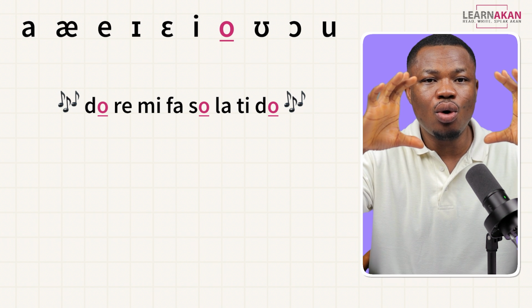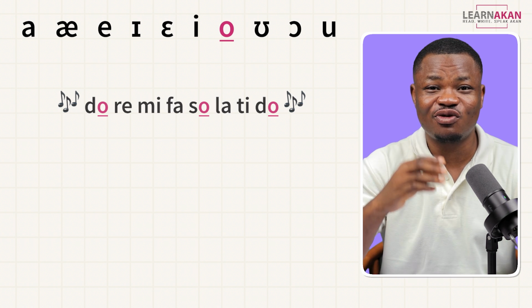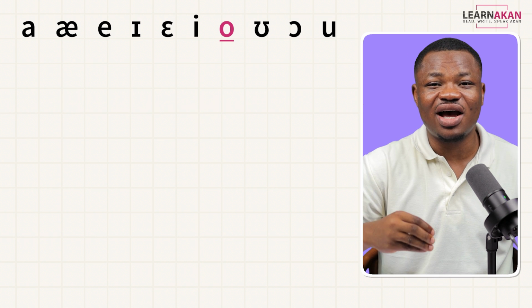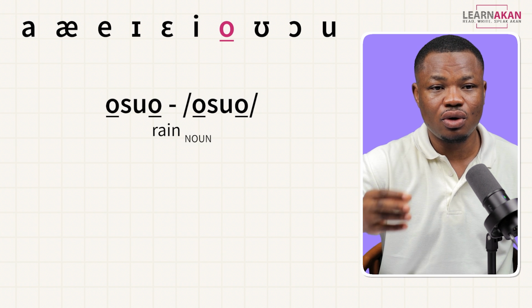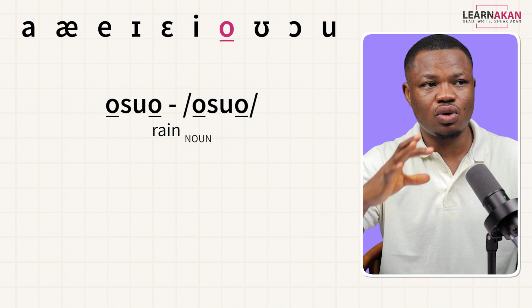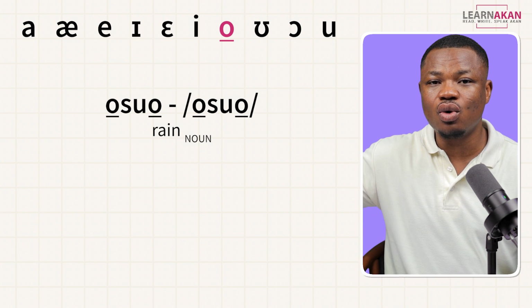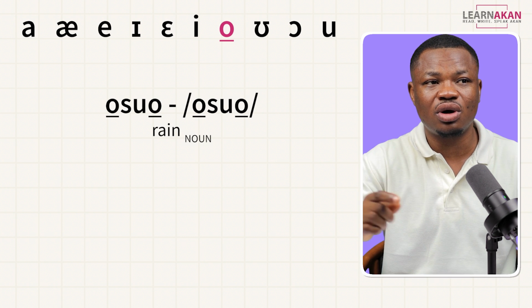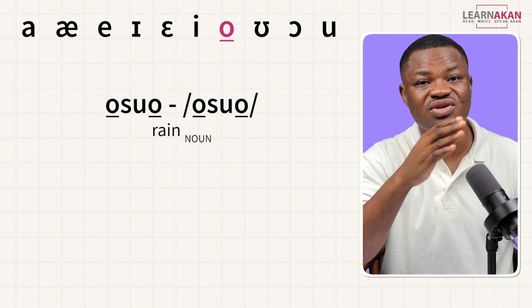It's O, O, O. So for word examples in Chi, we have Osiu. So there's O at the start, and then we have O at the end. So there's Osiu, not O. So don't say Osiu, right?